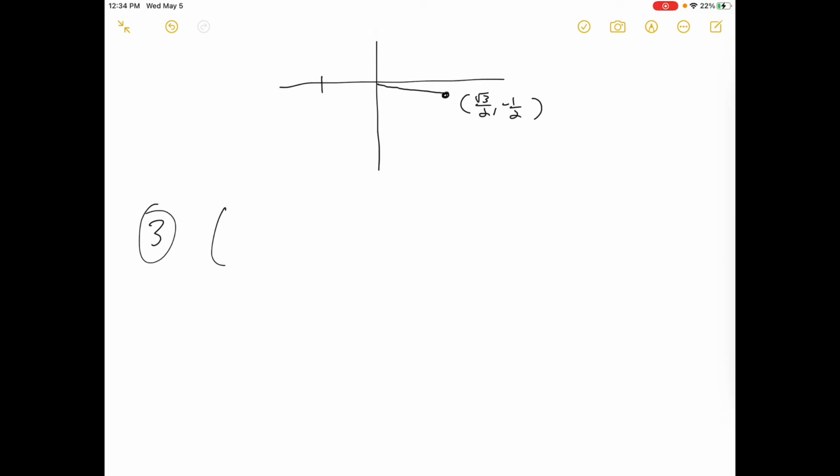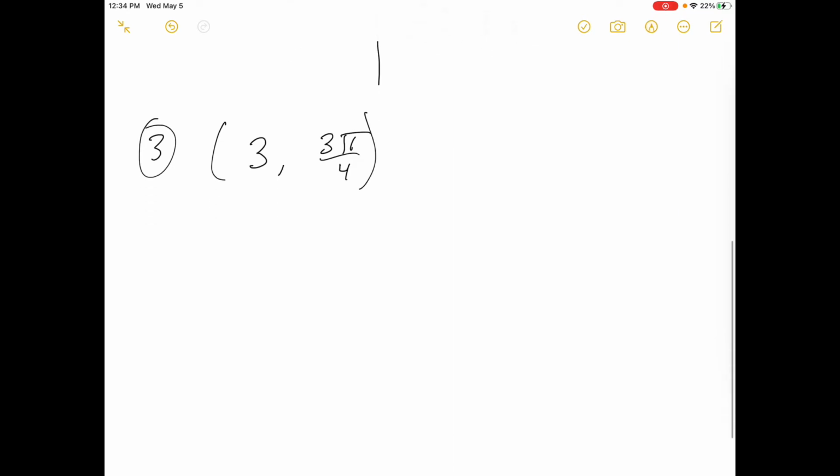Now let's look at one where you're given a decimal for the radian. Well, let's look at if the radius is not 1, but you end up with a radian that's on the unit circle. If the radius is 1, the coordinate for 3 pi over 4 would be negative root 2 over 2, positive root 2 over 2.